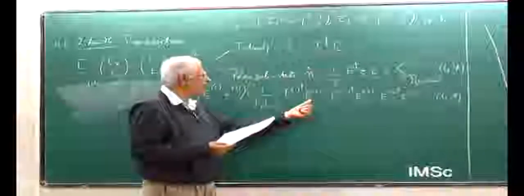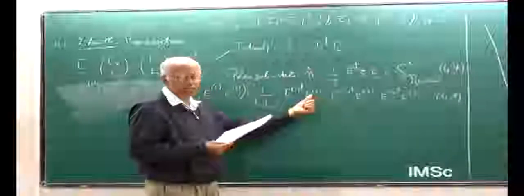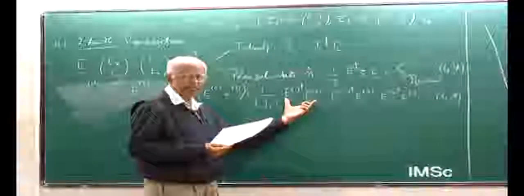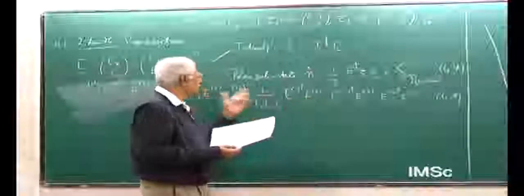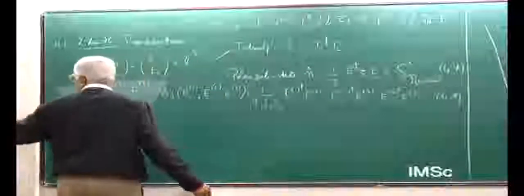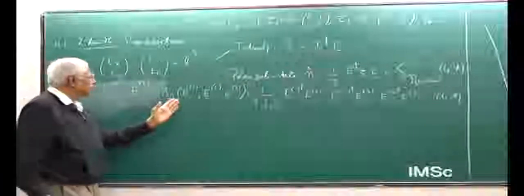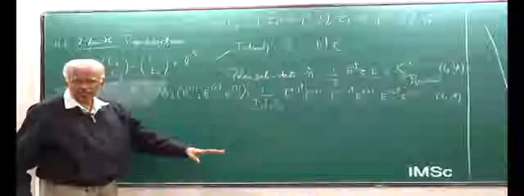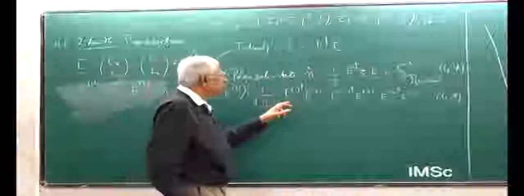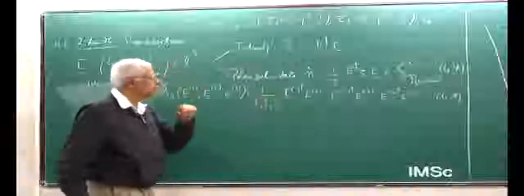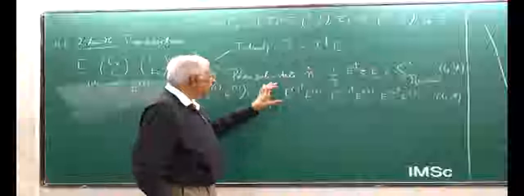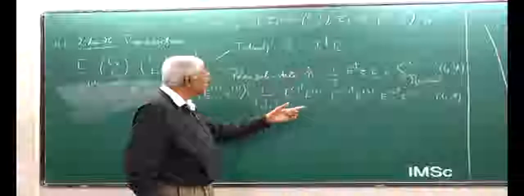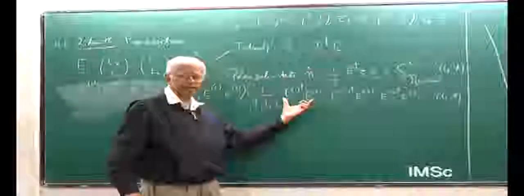What I mean is you can stick an overall phase into E2 so that this factor becomes real and positive. After all, the whole expression is a ray space type quantity, so putting phase factors individually into any one of these does not alter the right-hand side. You can see that. E1 comes with a dagger here and without a dagger there, and so on. So let us assume you adjust E2 for fixed E1 so that this first factor is real positive.